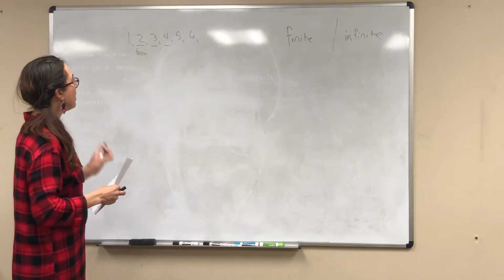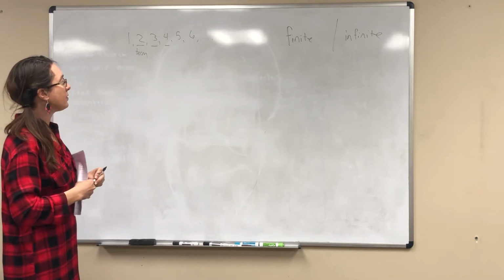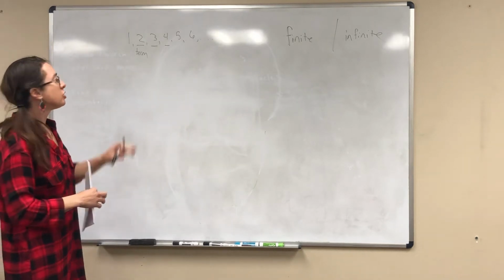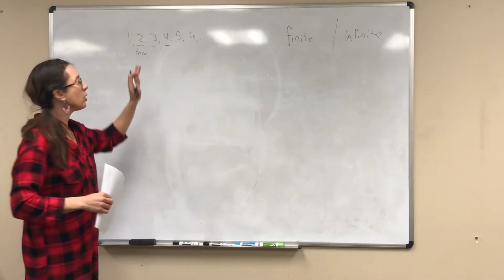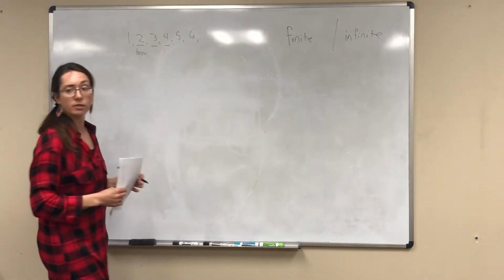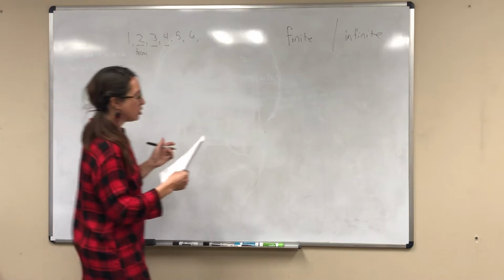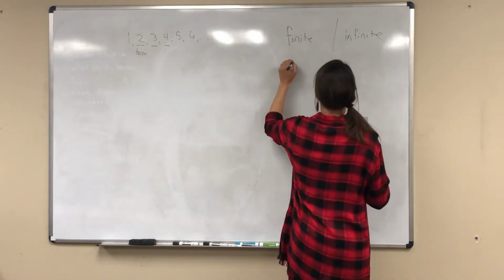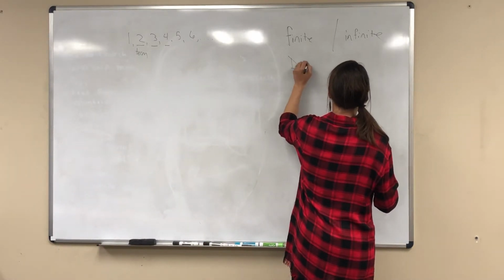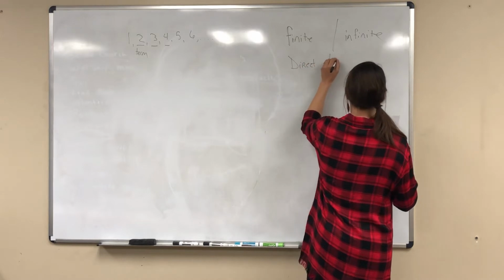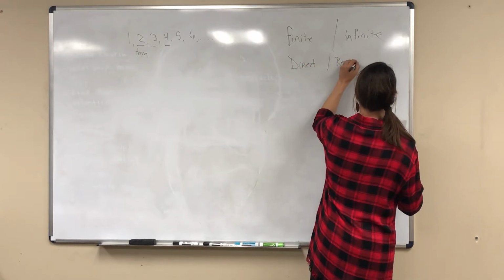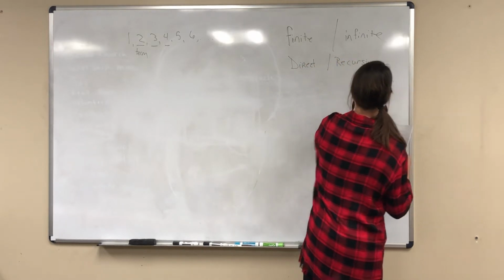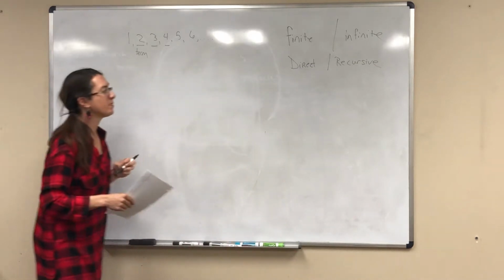So there are different formulas to figure out the different parts of our sequence terms. Okay. So you'll hear the term direct, and you will hear the term recursive. Okay.